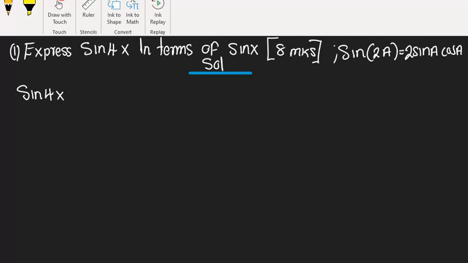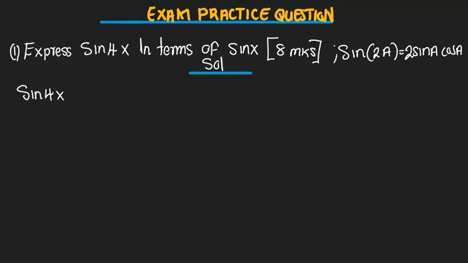Now this time around, we will need to take this sine 4x into a non-trigonometric expression. We know that this is a 4x. So what is our A? What is our B? Our A can actually be 2x. Our B is also going to be 2x.